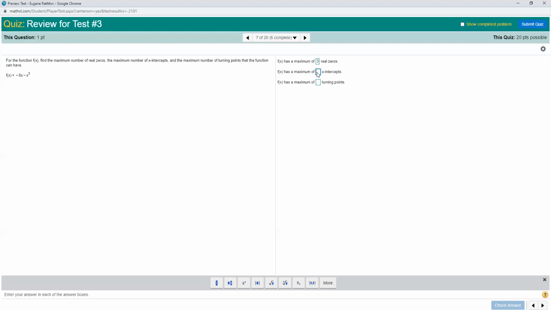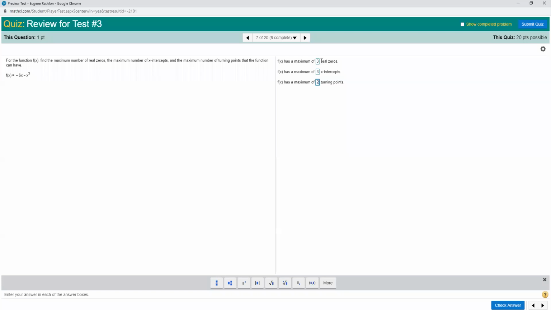Well, zeros and x-intercepts are basically the same thing. So if you got a maximum of 3 real zeros, then you're going to have a maximum of 3 x-intercepts. And then the turning points is always the degree minus 1. So since your degree is 3, your maximum turning points would be 2.